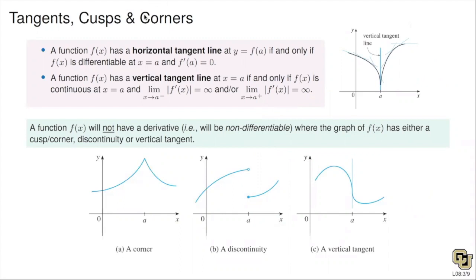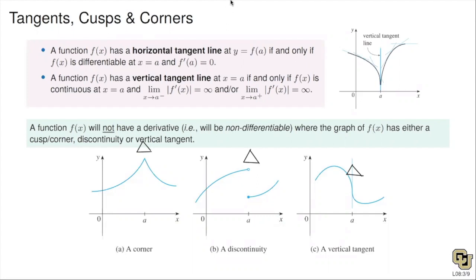Here's one thing to think about. Suppose you're in a spaceship. So here's my spaceship. I went with the triangle design. Suppose you're in a spaceship and you wanted to land your spaceship. The one place I would not want to land my spaceship, based on these pictures, is where it's not differentiable.